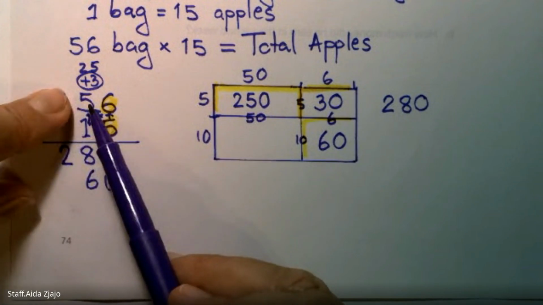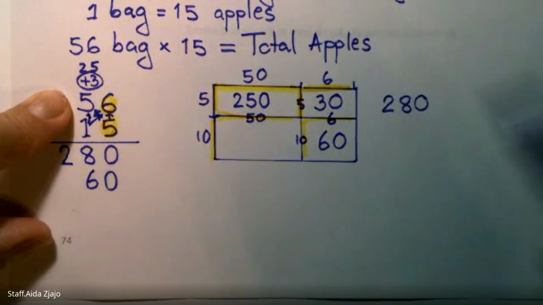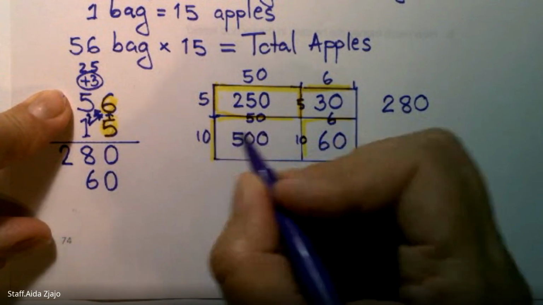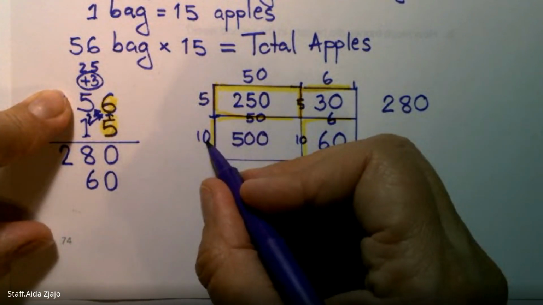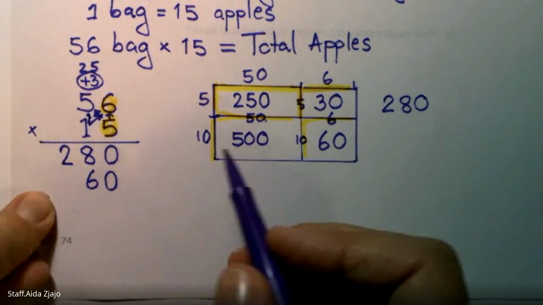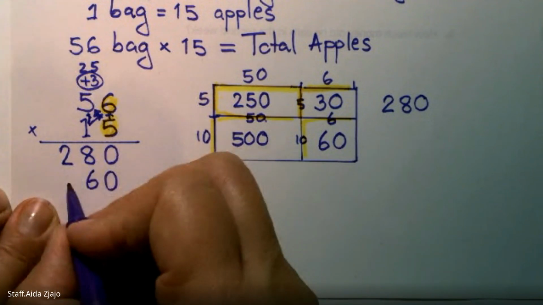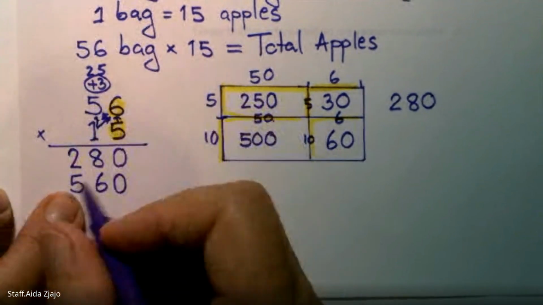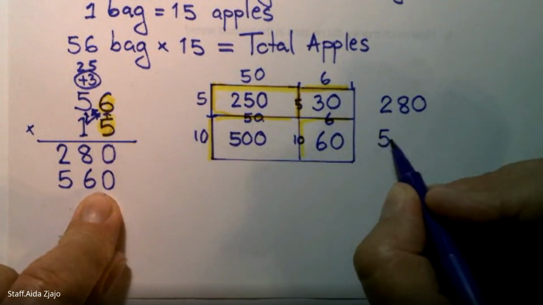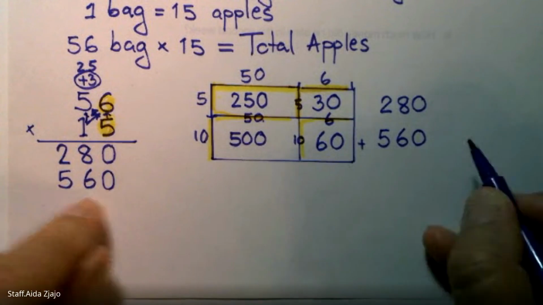This is 10 times 50. 10 times 50 is 500. So 1 times 5 is 5, add 2 zeros. And altogether it is 560. Look, 500 plus 60 is 560.